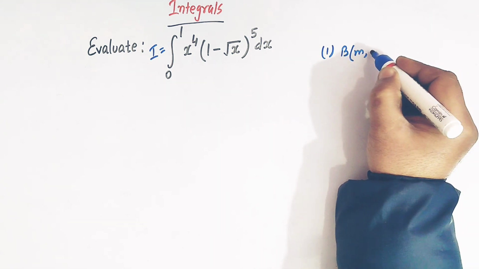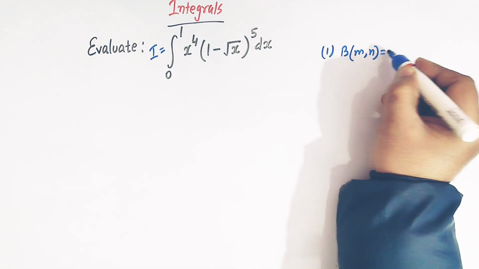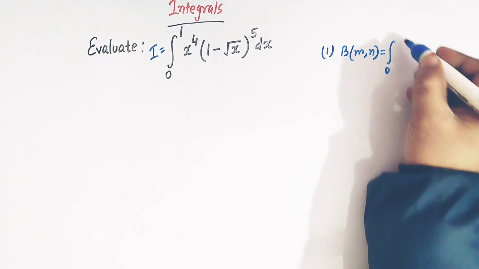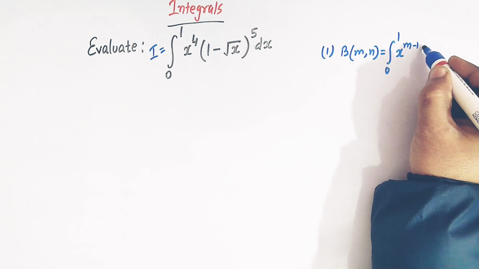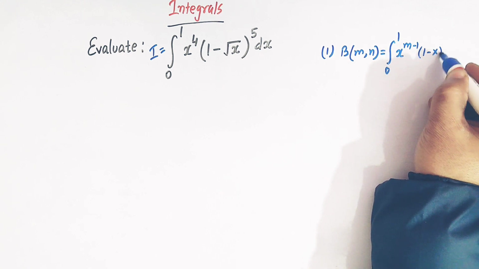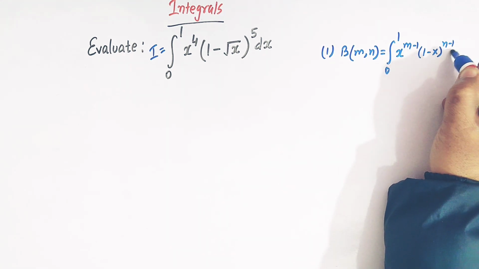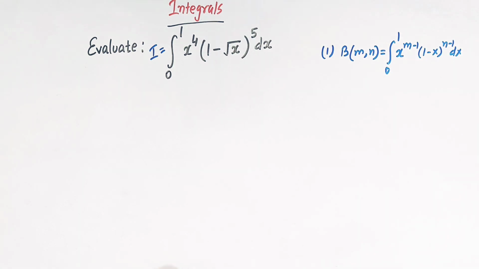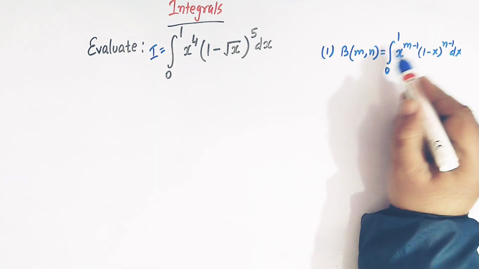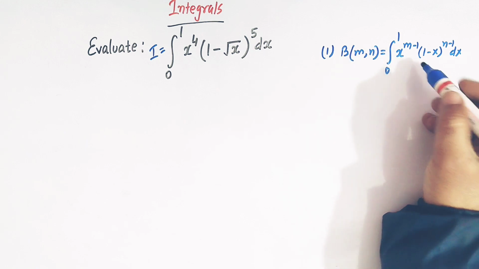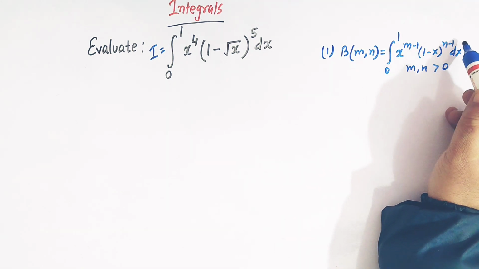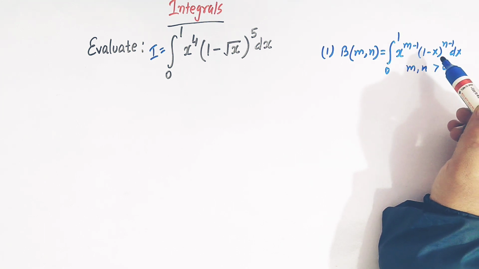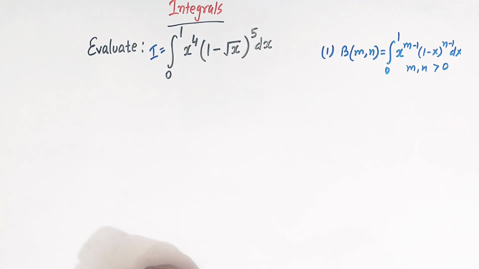That is, beta m comma n is defined by the integral 0 to 1 x raised to m minus 1, 1 minus x raised to n minus 1 dx, where m and n are greater than 0, and this integral is known as Euler's integral of first kind.